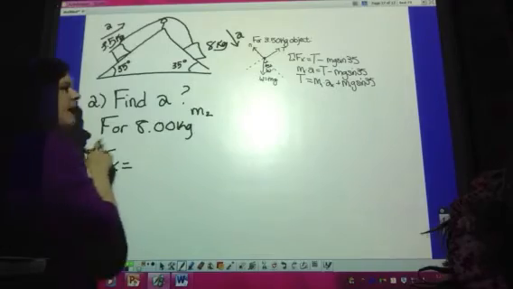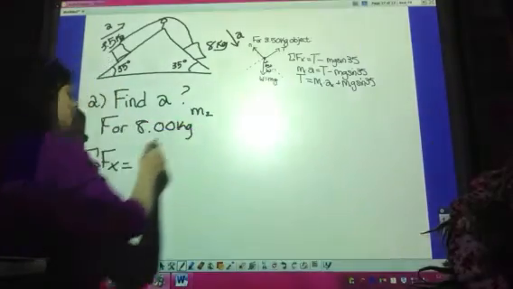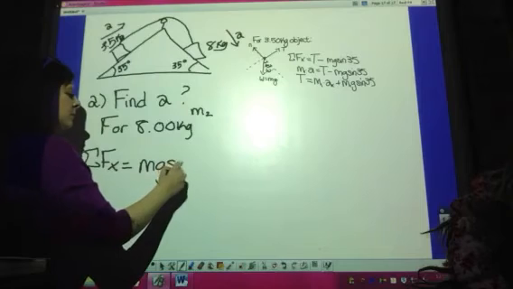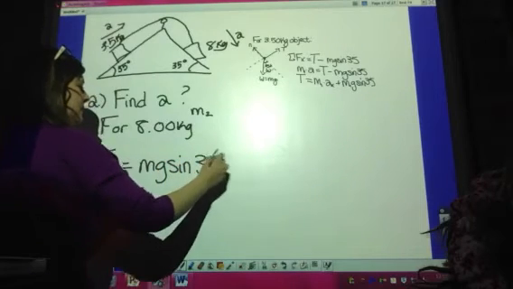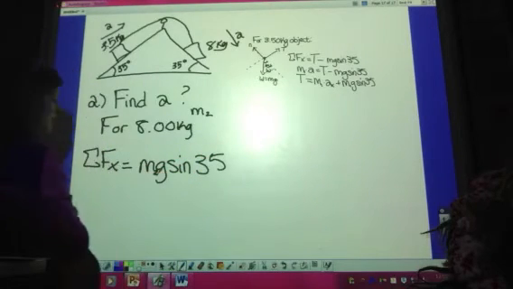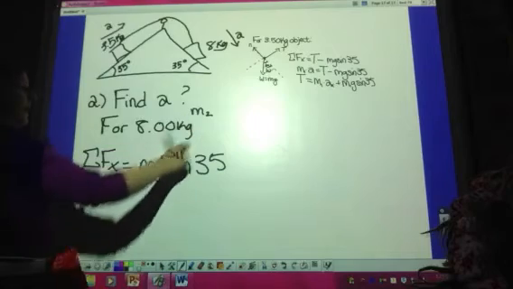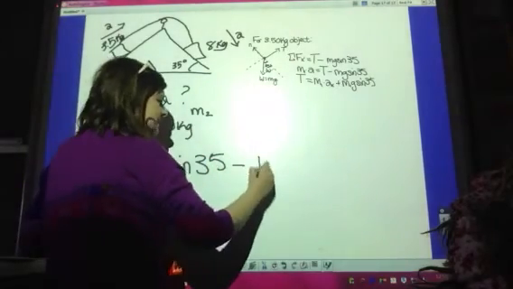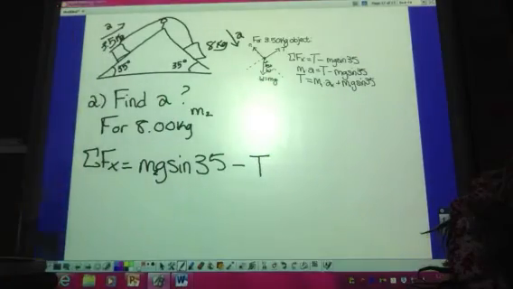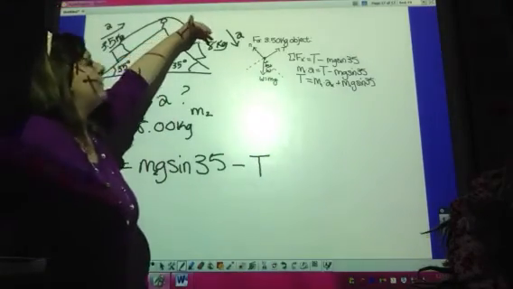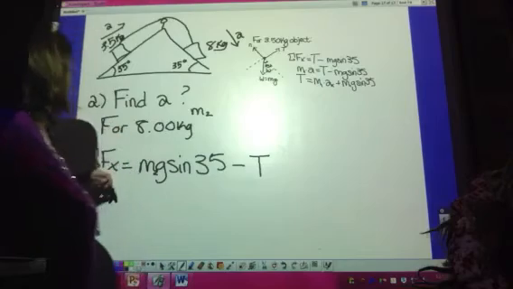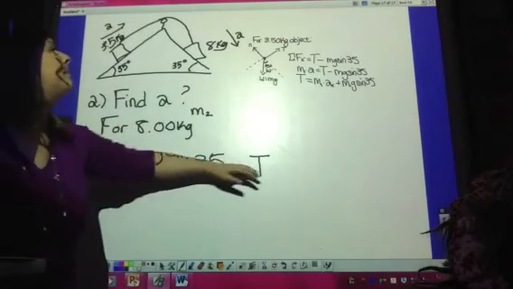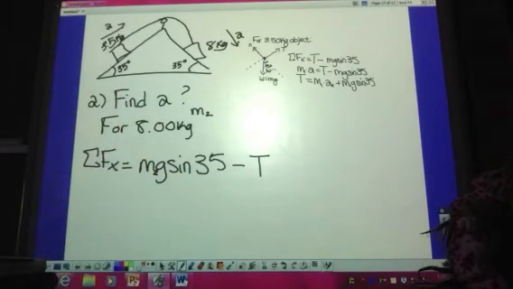So technically then, my weight force would be m2 g sine 35, because this would be for our 8 kilogram, and we called that mass number 2. So m2 g sine 35 minus tension, because if our acceleration is directed downward, then it's going to be weight minus the tension, because tension would be moving in that opposite direction from acceleration.